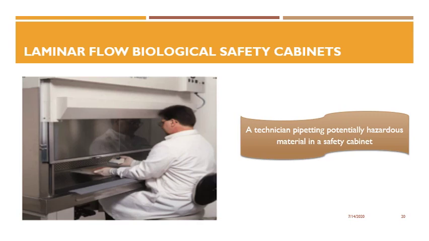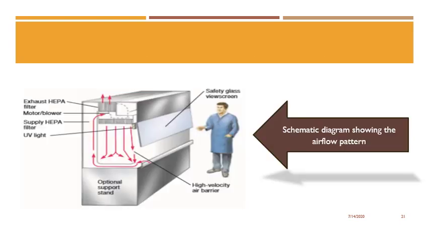Here you see a technician pipetting potentially hazardous material in a safety cabinet. And this is a schematic diagram showing the airflow pattern, how the air is moved within the high efficiency particulate safety cabinets.